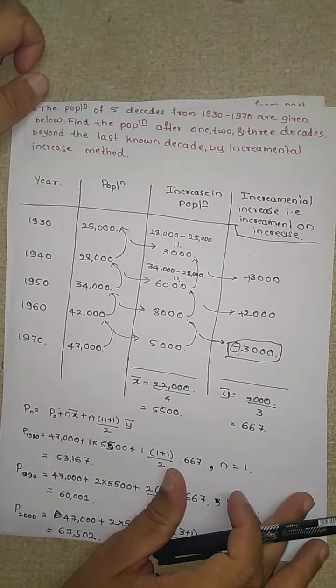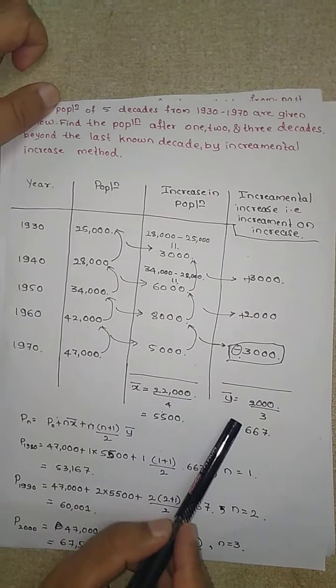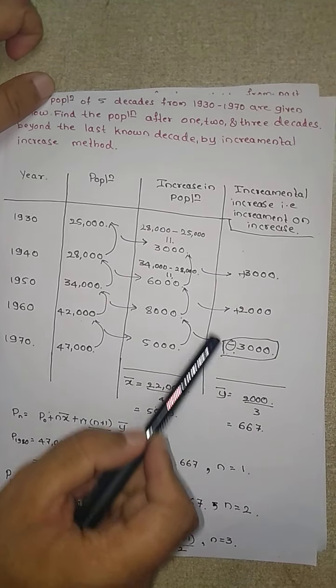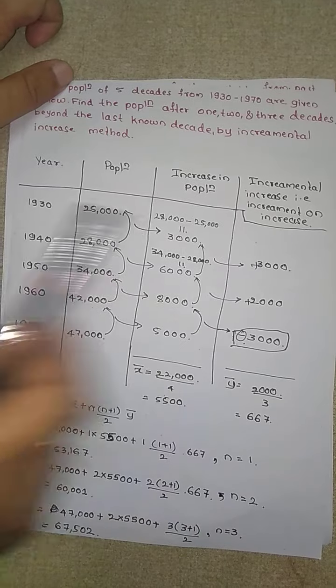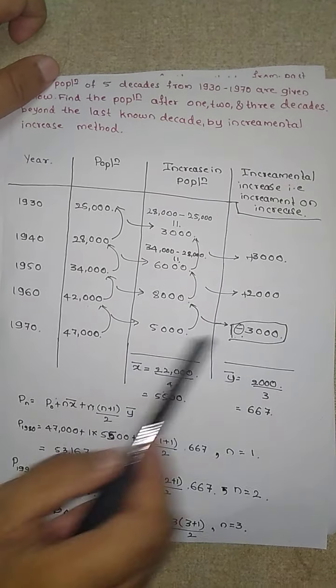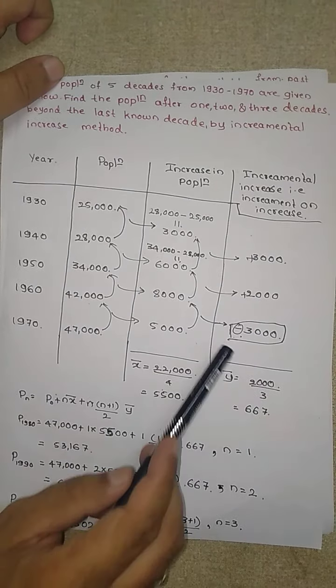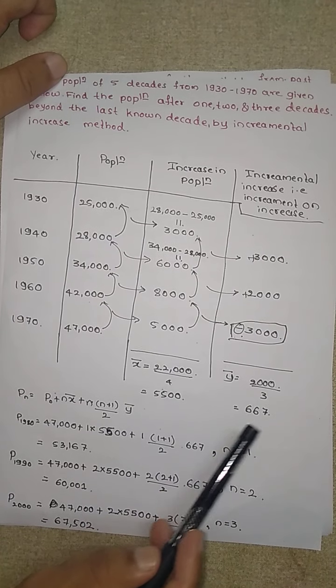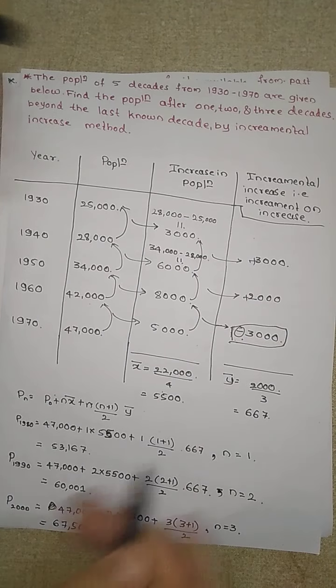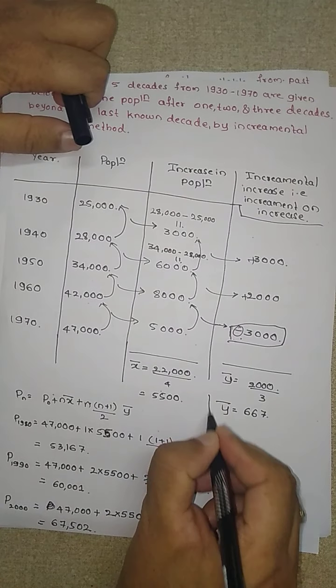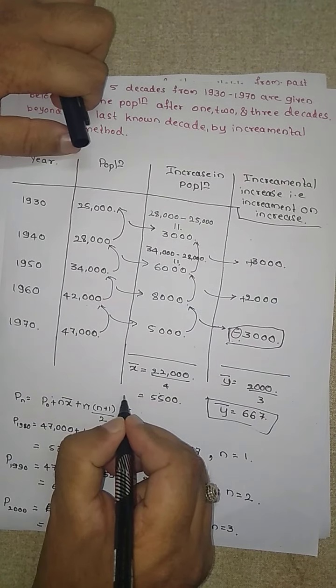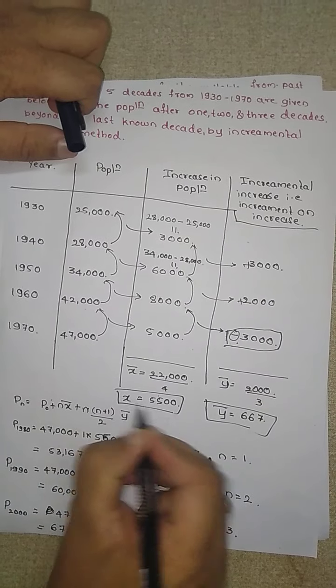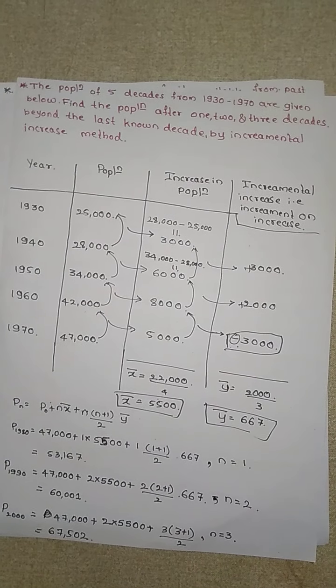Then we added all these values: 3,000, 3,000, minus here, plus here, so this is going to get cancelled out, remaining is 2,000. How many decades are we having? We are having 3 decades. So here we are getting y bar as 667, x bar as 5,500.